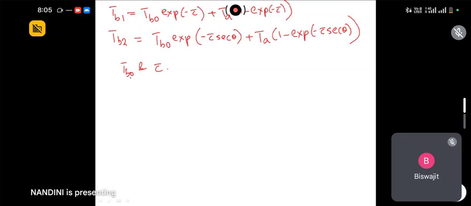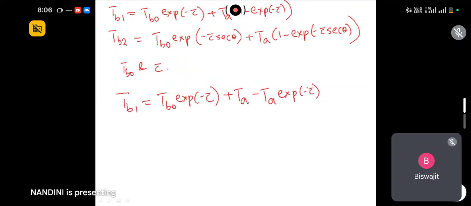Now, in order to eliminate tau, we will take this Ta out. So TB1 becomes TB0 times exponential of minus tau, plus Ta, minus Ta times exponential of minus tau, from equation 1.